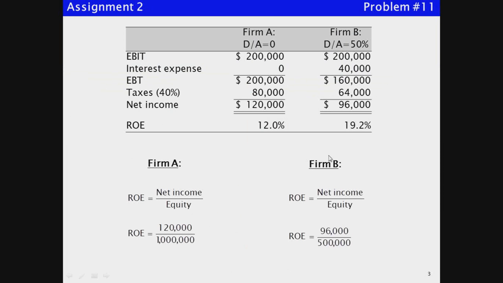And that's what's happened here. That's why the ROE is higher, because they're taking that higher level of profitability with a 20% BEP, basic earning power ratio, but they're financing the assets 50% with debt, which only has a cost of 8%. That is levering upwards the ROE for the firm. So we get 19.2% versus 12%.